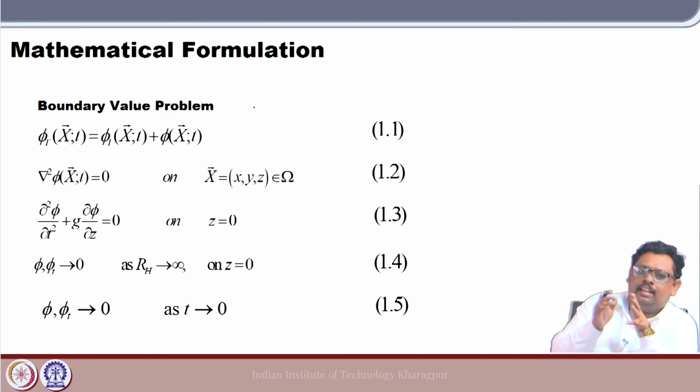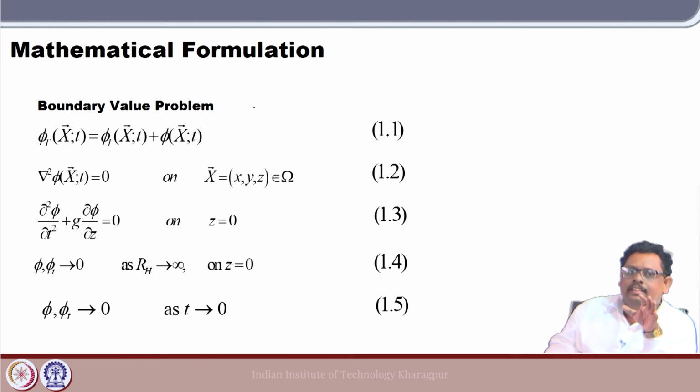Now, today it is again like a review of the previous thing. Here you can see that the boundary value problem is the same. We are taking the same thing: we are using the total potential and then the disturbed potential.